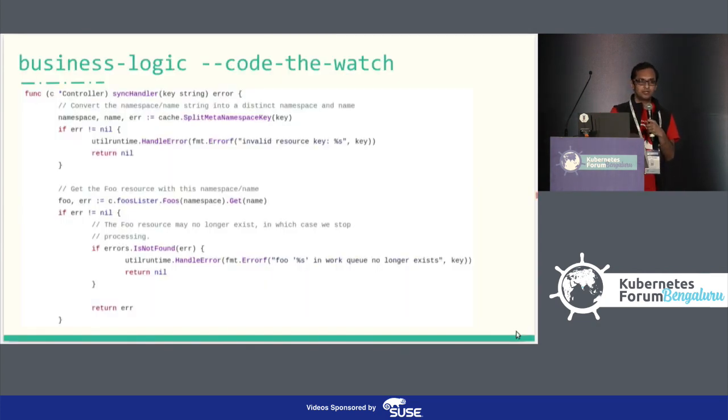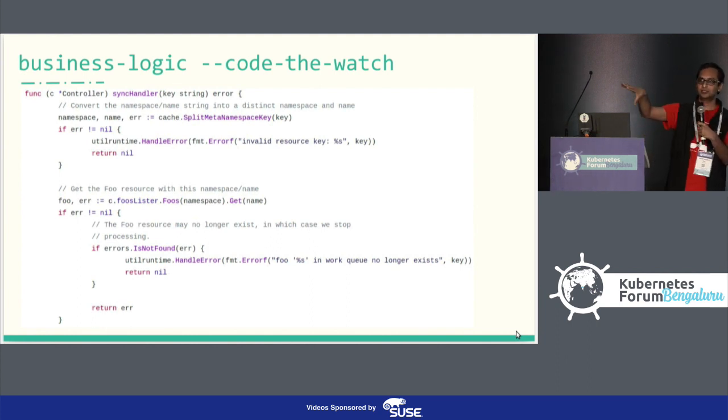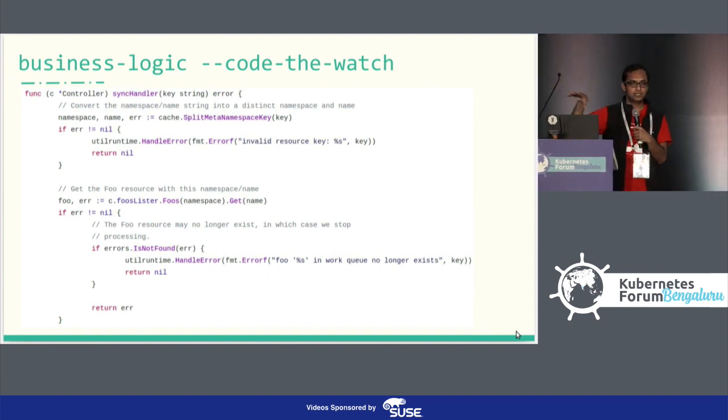Like I said, this is the sample controller. In the sample controller, we have an imaginary resource called foo, and when we apply the resource foo, we get a desired state. The desired state is the deployment. So when we handle the business logic, we have to understand what a foo is. We have to get the foo, and check whether the foo is really available or not.